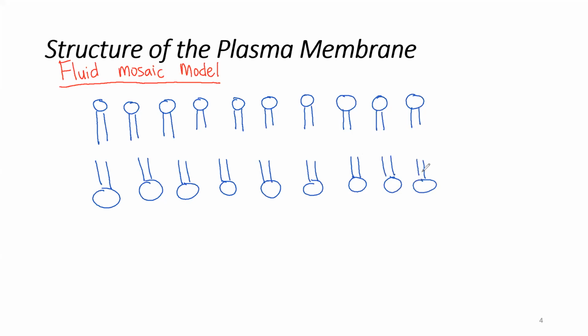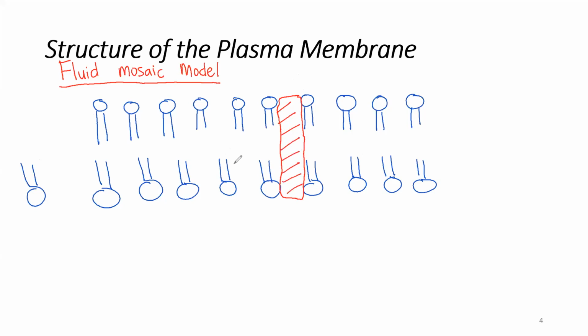Now, alongside the phospholipids, we also have some other very important structures. First off, we have proteins. Some proteins go right through the membrane, and we'll describe these in a little bit. We're going to talk about what we call these, but some of them go right through the entire span of this bilayer.